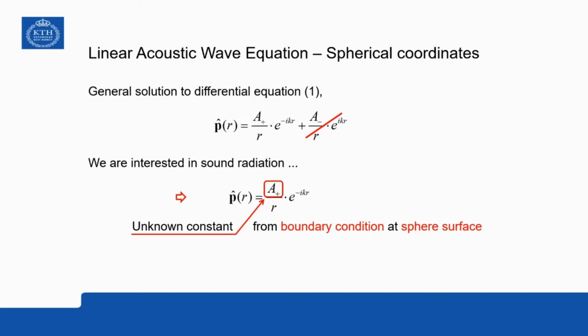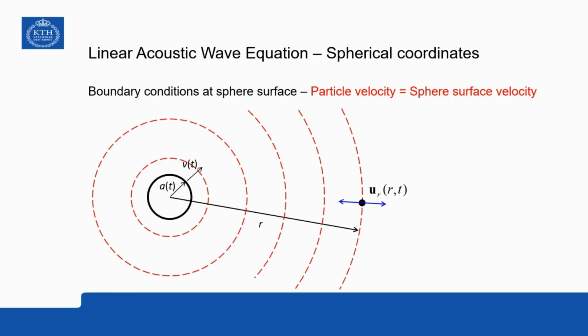So that is expressed as a boundary condition at the sphere surface. So u_r here is the radial component of the particle velocity.